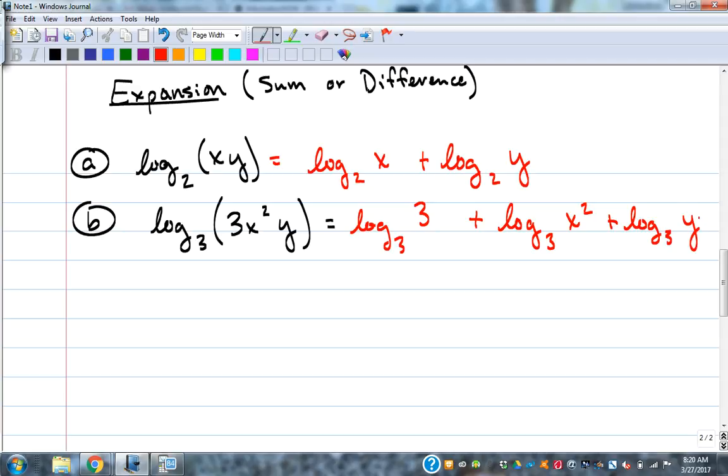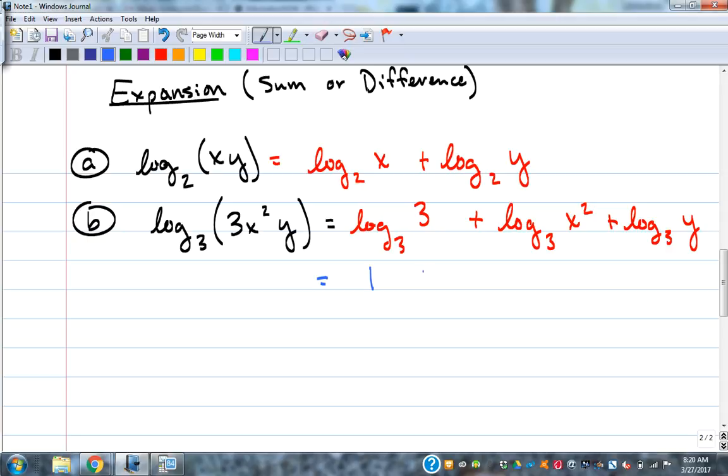I'm with you there. What does this turn into? And becomes what? 1. So it doesn't go away, it becomes 1. And then what can this one do? It could be the 2 out front.